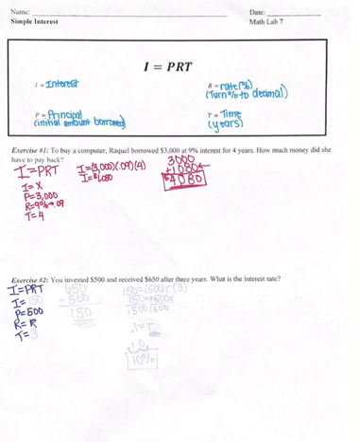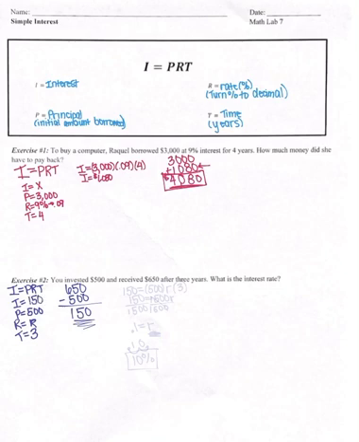The time is, it's in the account for 3 years, or it's invested for 3 years. Now the interest is just the extra money you have to pay or the extra money you receive. So if we started off with $500 and we ended up with $650, to find that interest amount, we subtract. So when we subtract, we get $150, and this is our interest. So this is what we would plug in for I.